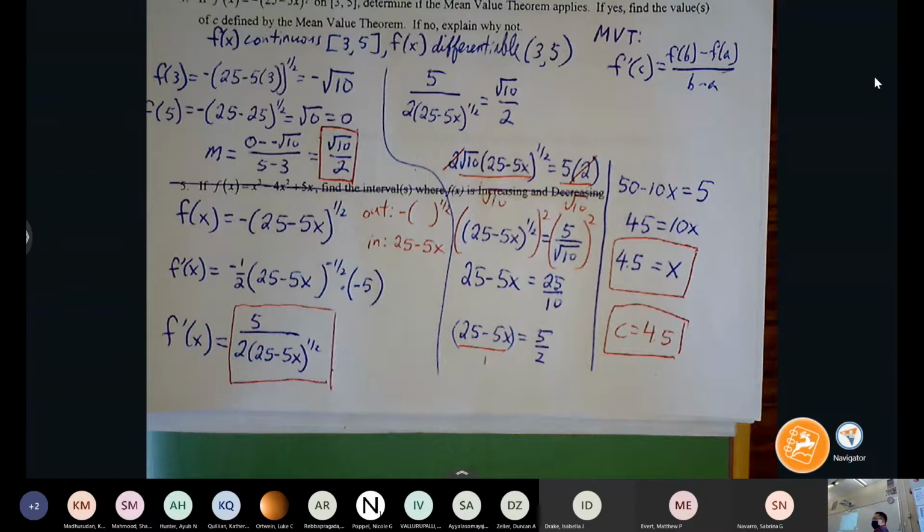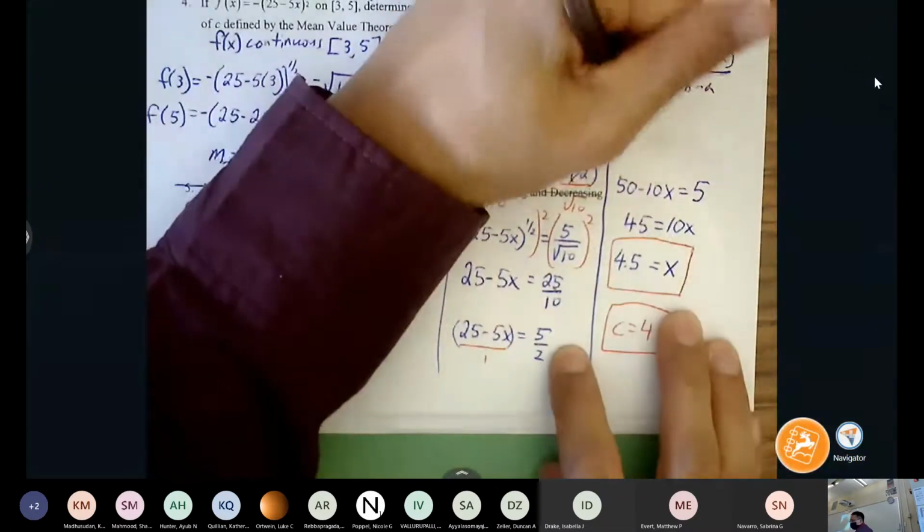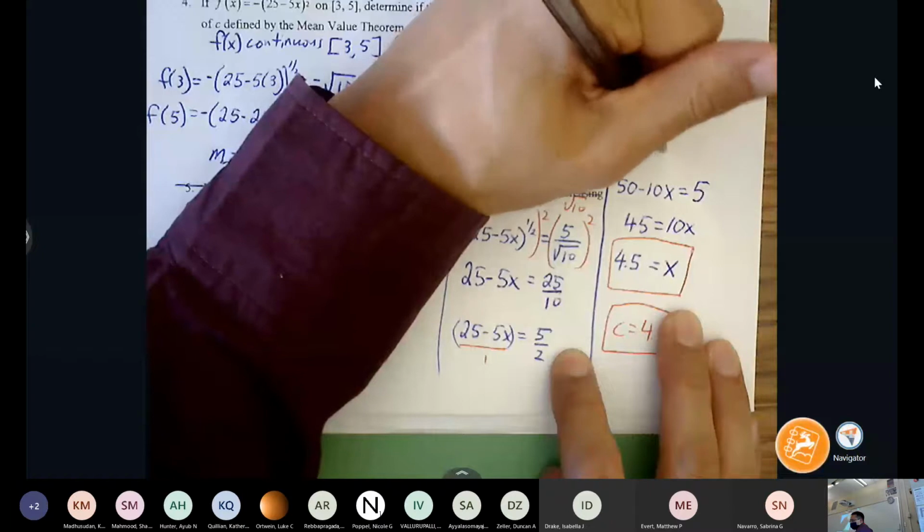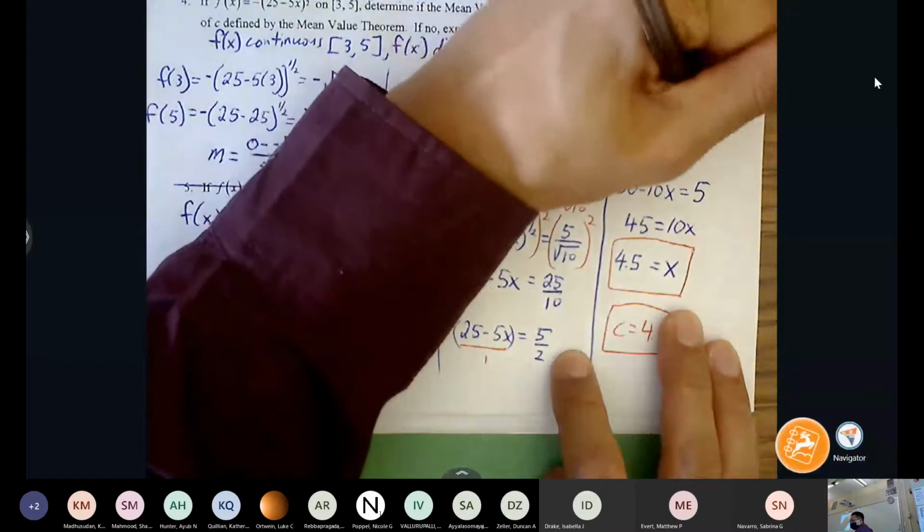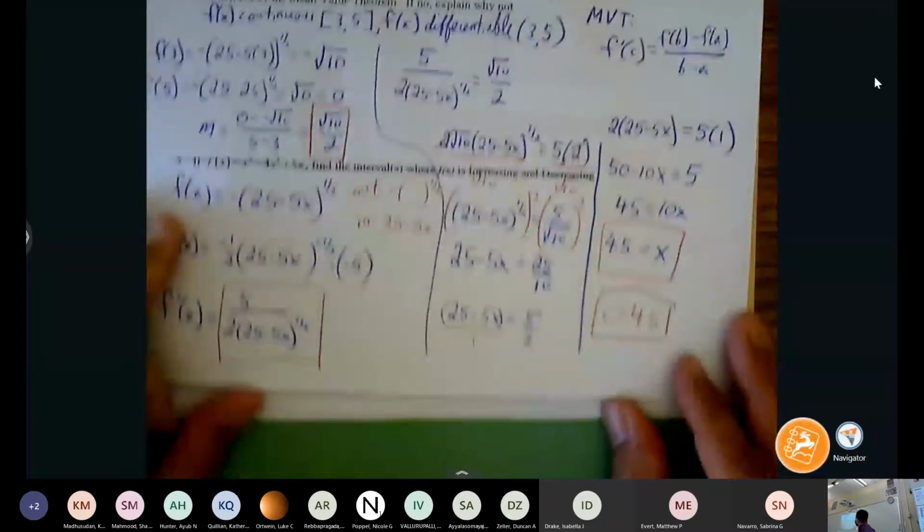Okay, any questions about procedure, about the steps? Yeah. Oh, from here? Got it. So when I cross multiply here, I did 2 times 25 minus 5x, and I set it equal to 5 times 1.